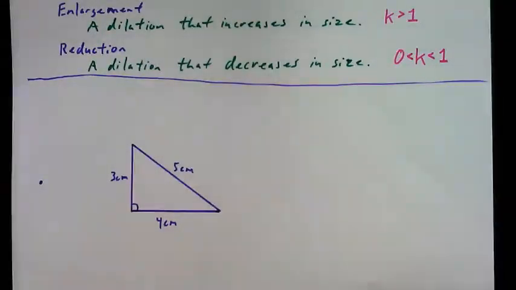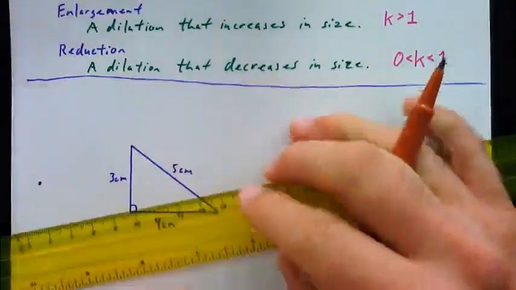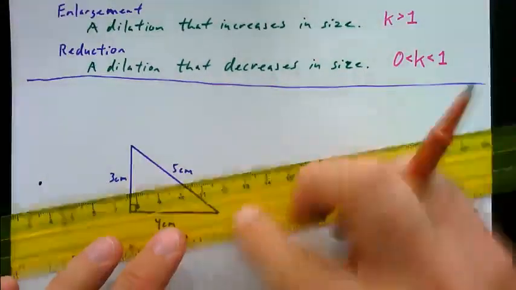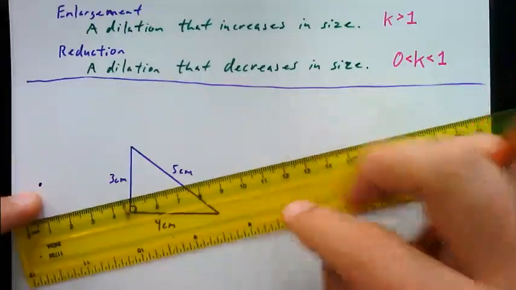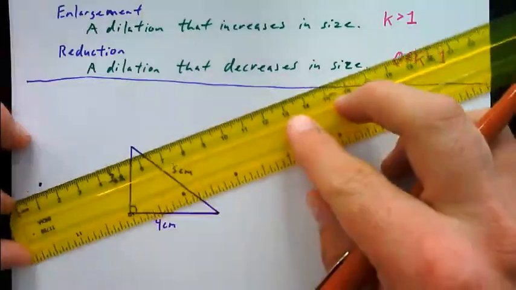What I'd like you to do now is create an enlargement. We're going to make this bigger. First, this point was random, so everybody's going to be slightly different here.